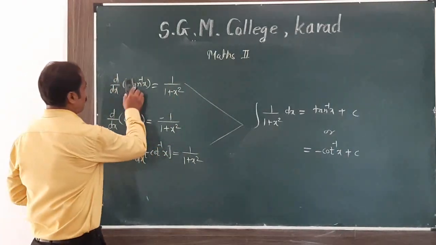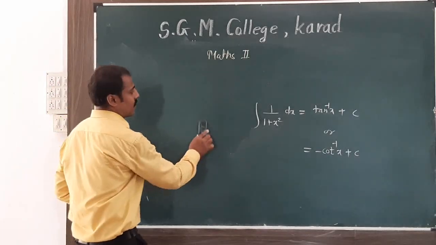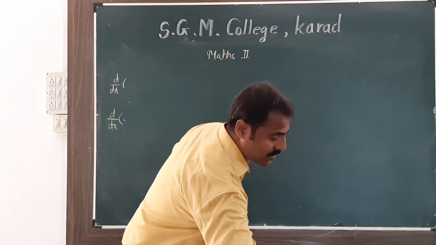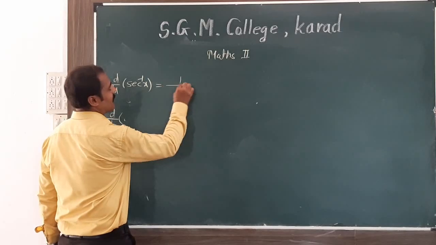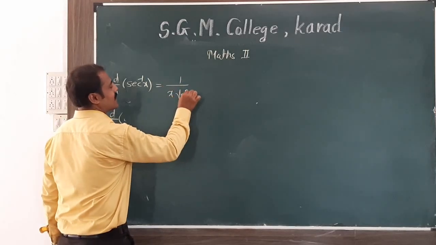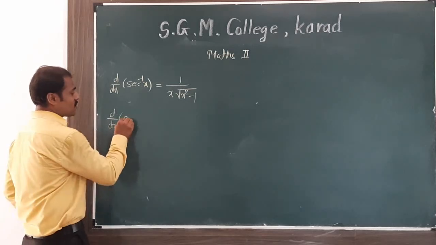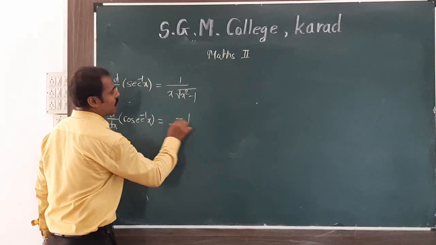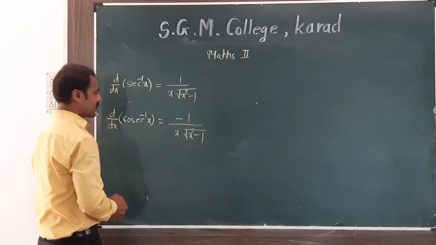Next, we know the formulas of derivative of sec inverse x and derivative of cosec inverse x. Here, derivative of sec inverse x is equal to what? 1 upon x root of x square minus 1, and derivative of cosec inverse x is equal to minus 1 upon x root of x square minus 1.